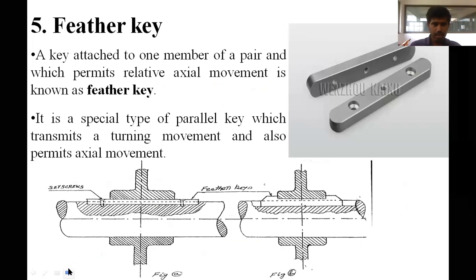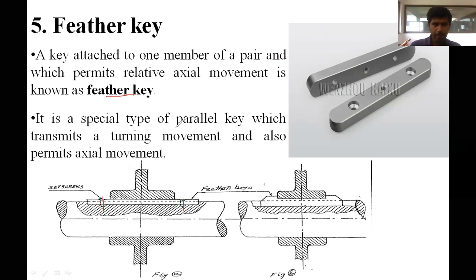Feather keys: this key is attached to one member of a pair and permits the relative axial movement, and is known as a feather key. We are going to lock it over here; set screws are there.